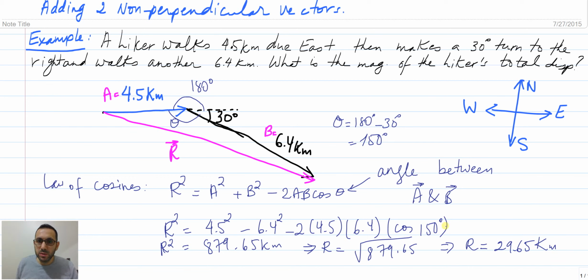So this is the total displacement of the hiker from the moment he leaves the original position until he stops. Okay, that's it. This is the answer.